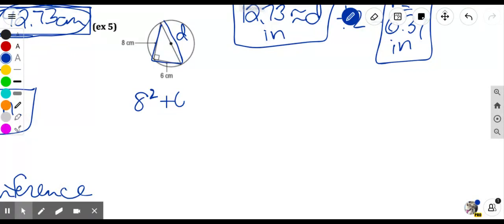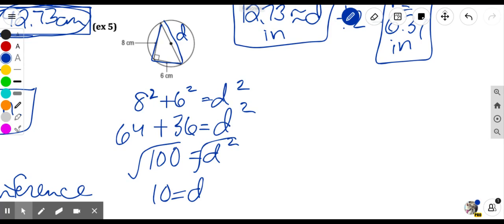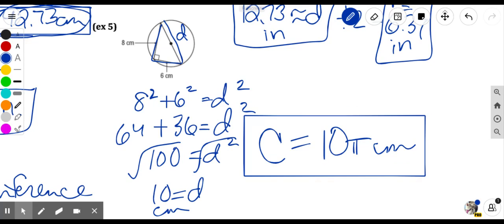So we can do 8 squared plus 6 squared equals d squared. So it's going to be 64 plus 36 equals d squared, which if you add that, that's 100. And then lastly, take the square root. So we get the diameter is 10 centimeters. So the exact circumference here would just be 10 pi centimeters. And that's your answer. So that's it.